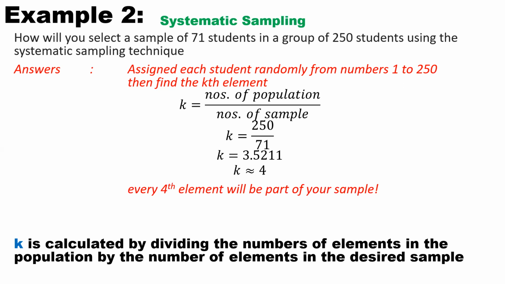So possible yung mga kukunin natin. However, assume you will start at number 4. Kung sa 4 tayo mag-start, obviously, skip counting by 4. 4, 8, 12, 16, and so on. Okay? So that's the systematic sample.